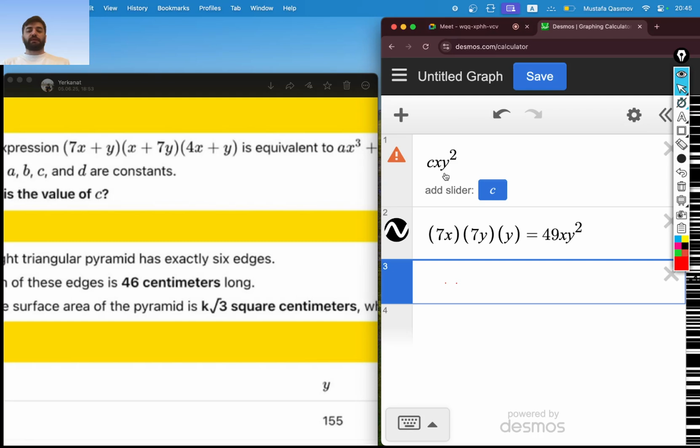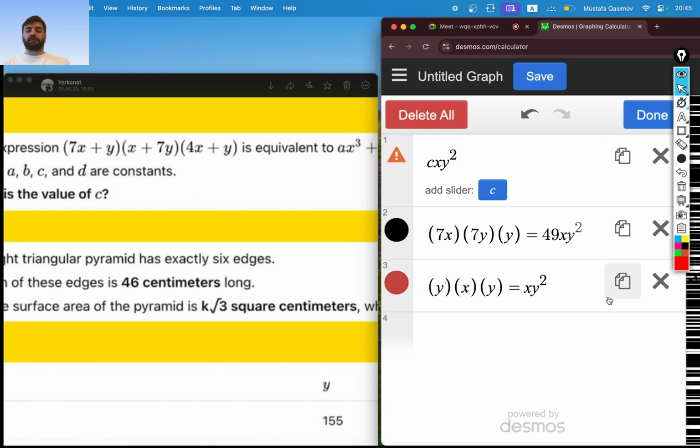Secondly, we can get xy square like this: let's take x, this one, this x, then y, x, and y. And it's equal to xy square.